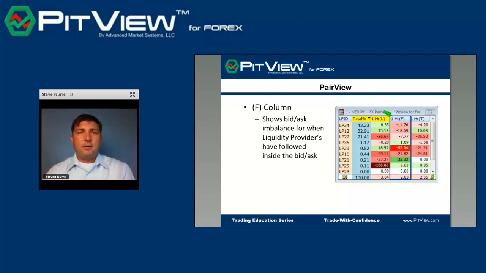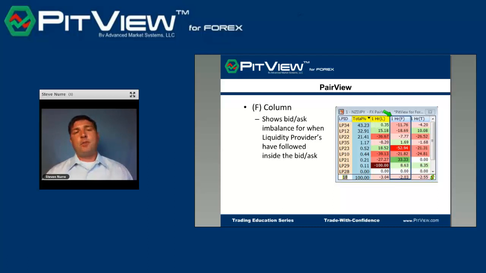I will follow them into that inside bid or ask price, which can also give you an overall sentiment of what I'm doing from a bullish or bearish standpoint, because I'm still raising my bid or lowering my ask. I'm just following someone else to that inside bid or ask price. So that's what the following column is doing.